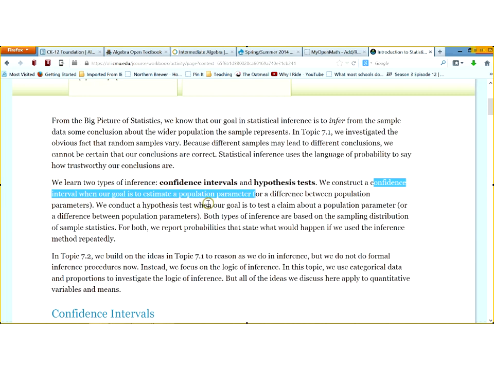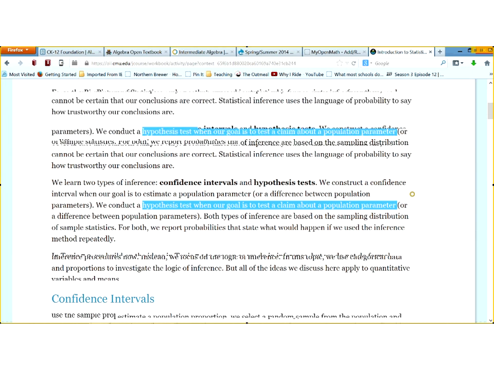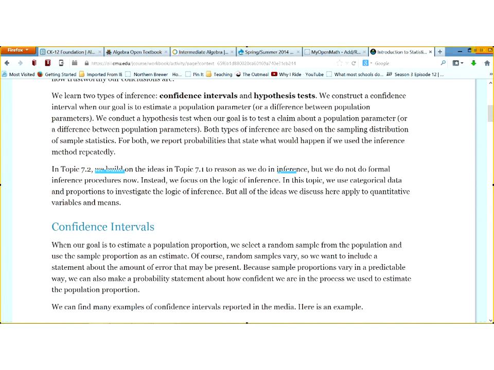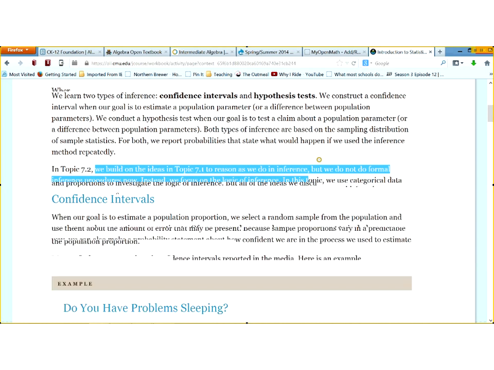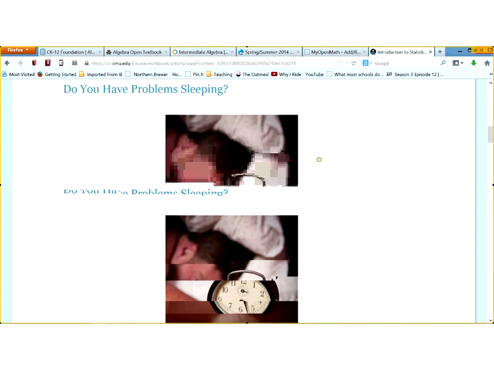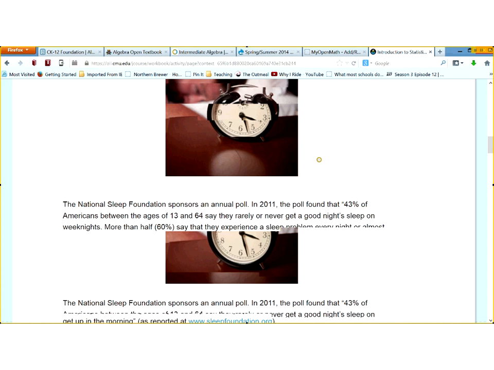And we use a hypothesis test to test a claim about a population parameter. So, as it says, we're going to build on the ideas in topic 7.1 to reason. But we're just going to talk about the logic of inference at this point, not all the formal steps. We'll do the steps in module 8 after the next test.